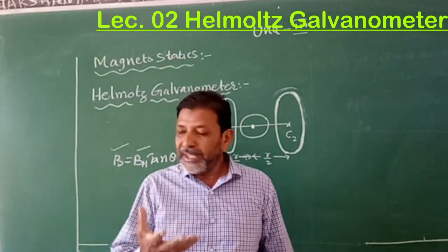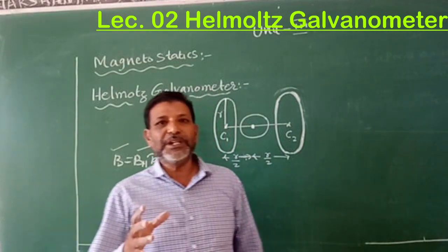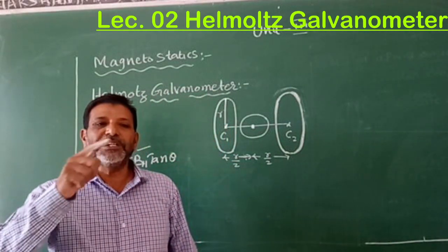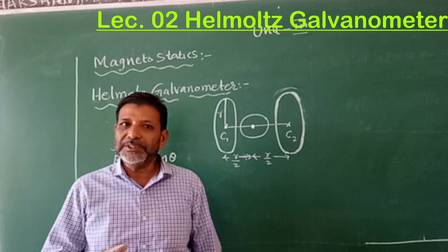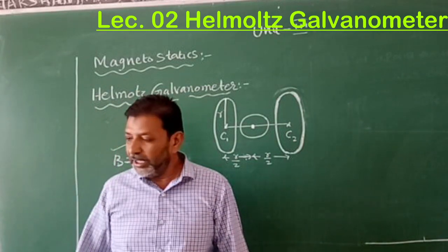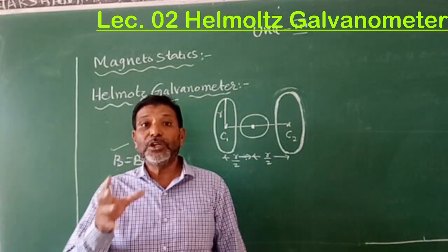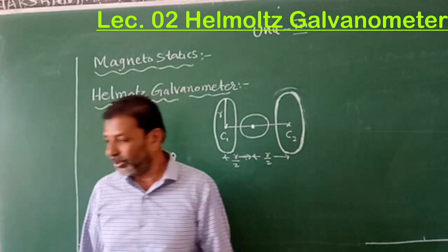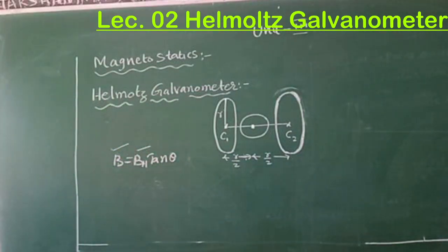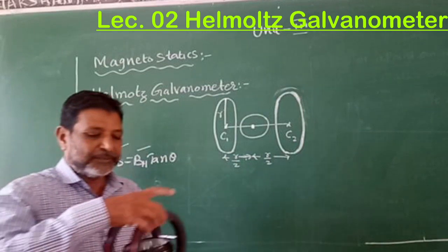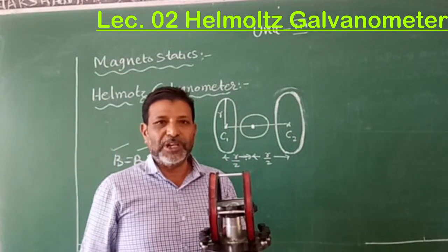The tangent galvanometer has one circular coil. Instead of one circular coil, in the Helmholtz galvanometer two circular coils are used. Here is the instrument, the Helmholtz galvanometer.